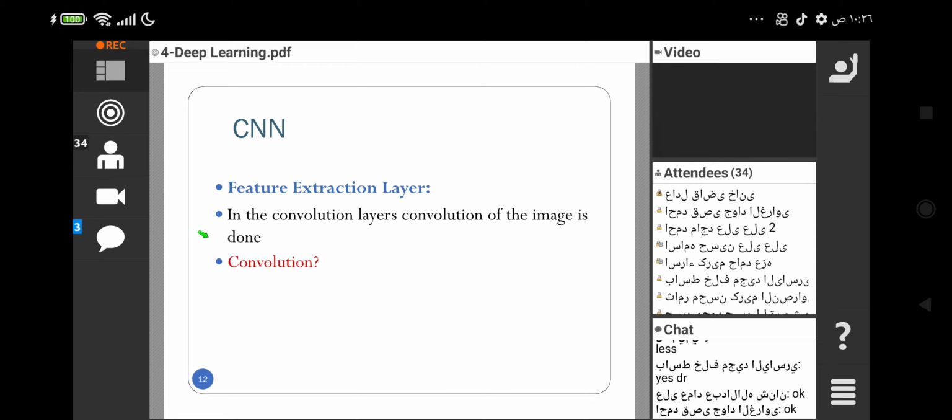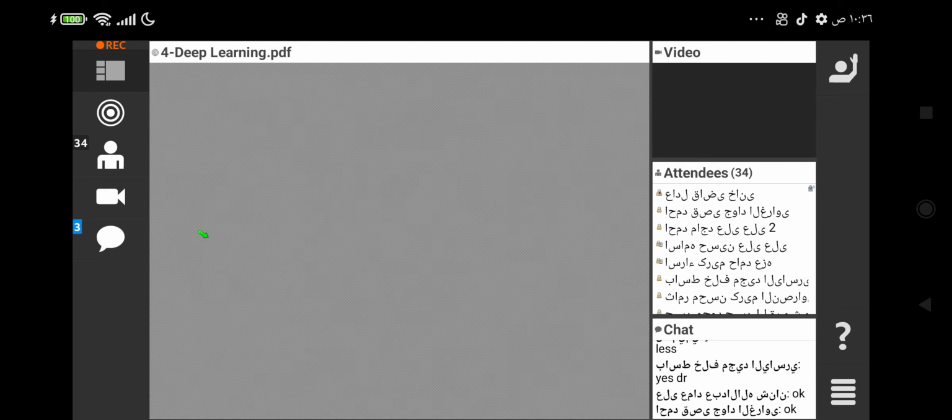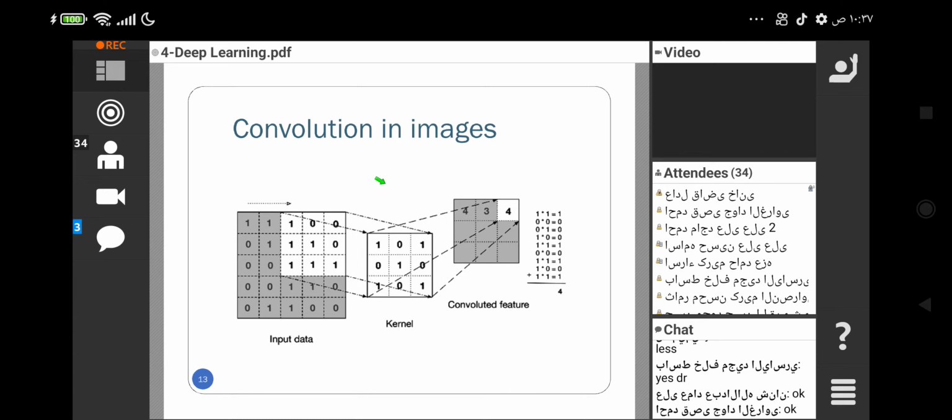And what does convolution mean? Convolution is a very important task that we have, and this is the definition of convolution. In this figure you see what convolution is doing. That's what is happening in the convolution layer.